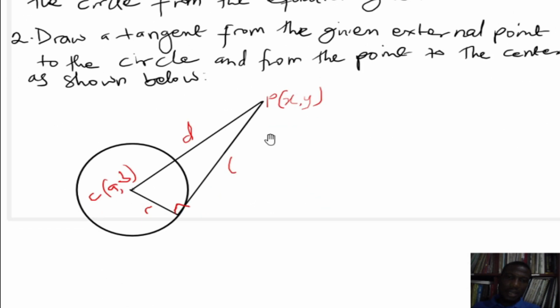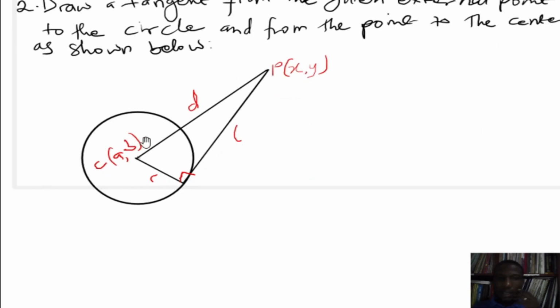That is the diagram here, and this is the external point. We've drawn a line to the circumference of the circle and a line to the center of the circle, forming a right angle triangle. Let me call the center D, so that it will be right angle triangle PCD.